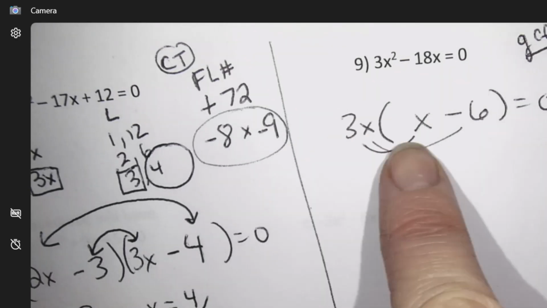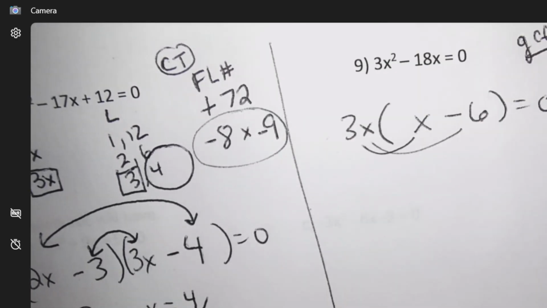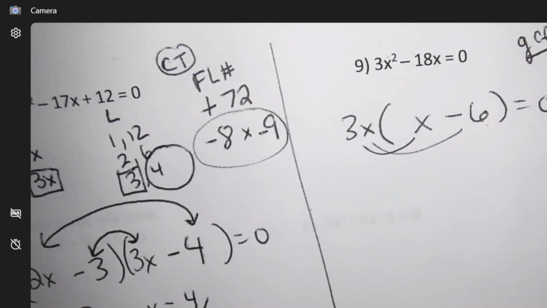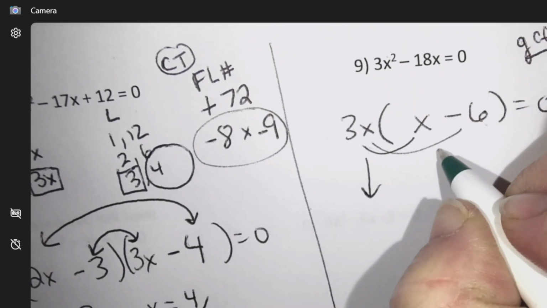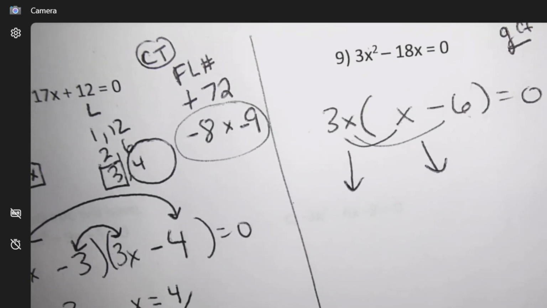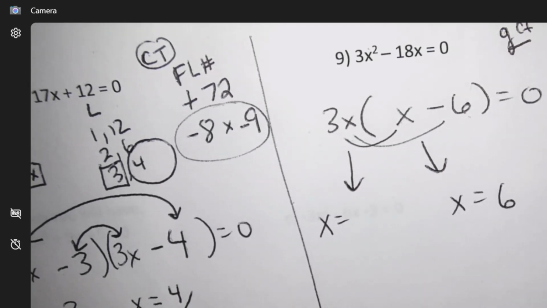Again, you can distribute that to make sure you factored right. This times, yep, does this times to that. Okay, there's 2 answers here. So x equals 6 on the bracket there.